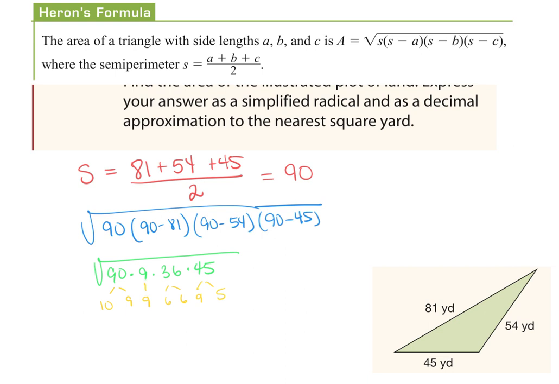So I immediately know I'm going to pull out a 9 and a 6, by the way, because I have a pair there. I can see that I have 3s to pull out the 9, and if I kept factoring, I would see the 10. So you can stop here and start pulling stuff out, or you can continue to factor. So all I did was break those down, and then I'm going to factor. I have 2 and 5, 3 and 3, 3 and 3.